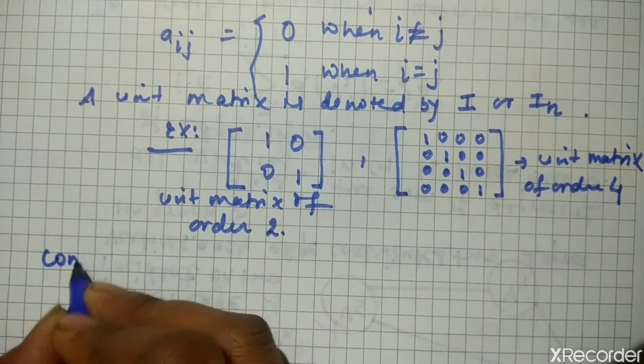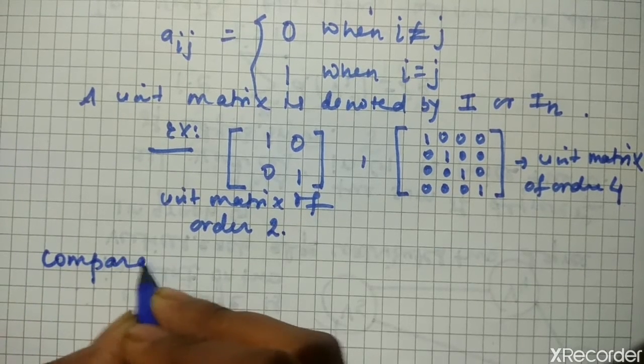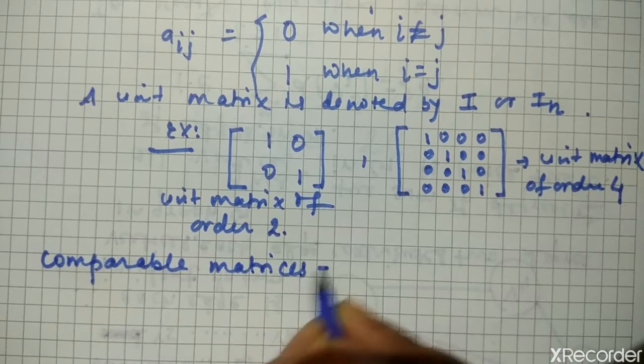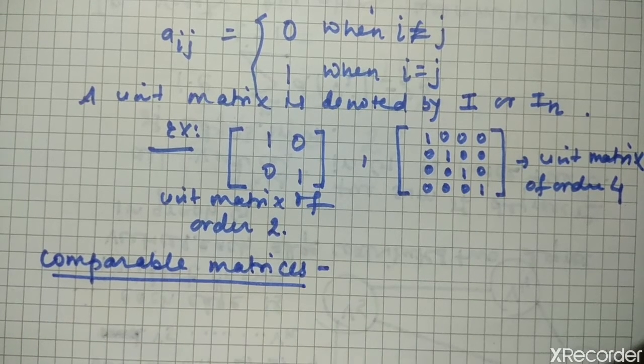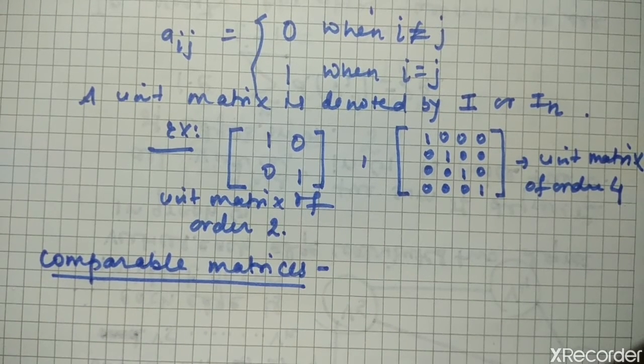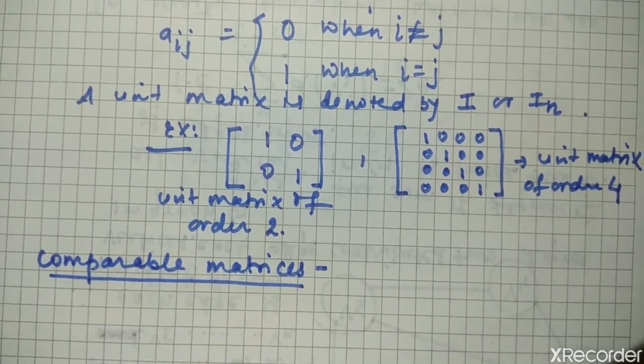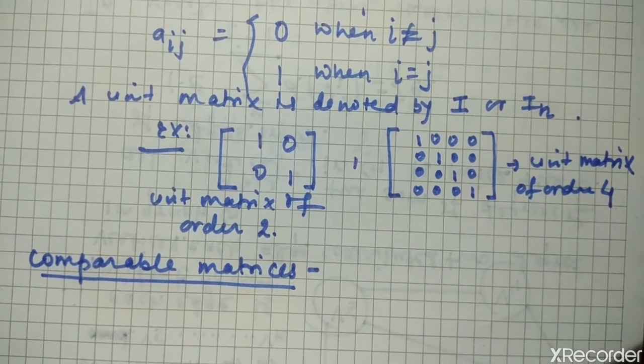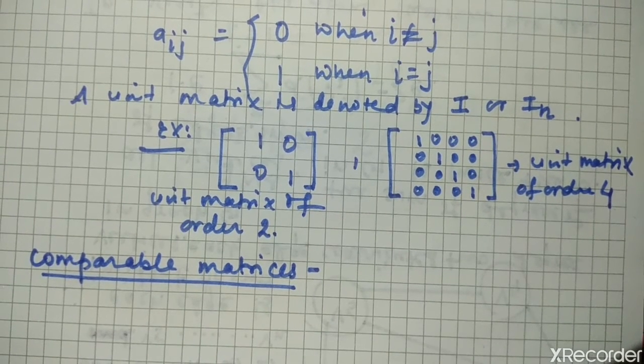Next one is comparable matrices. It is very important. A 1 mark question is always asked from this one. For comparable matrices we need two matrices, because if we have two matrices then the comparison is possible.